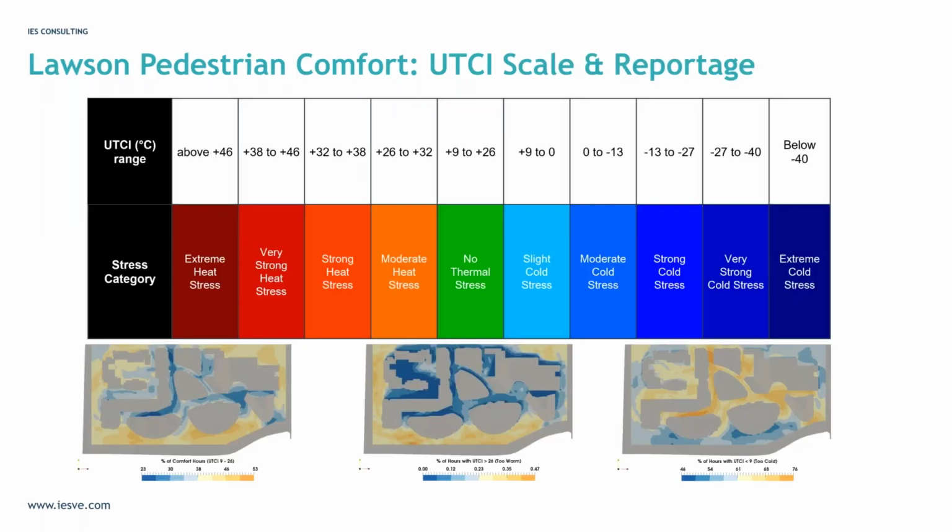The scale goes from plus 46 degrees to minus 46 degrees. And even the no thermal stress, or what's called a comfortable period, goes from 9 to 26 degrees. Essentially, you can look at the thermal stress in terms of an overall feeling of comfort you might get depending on the season and clothing.